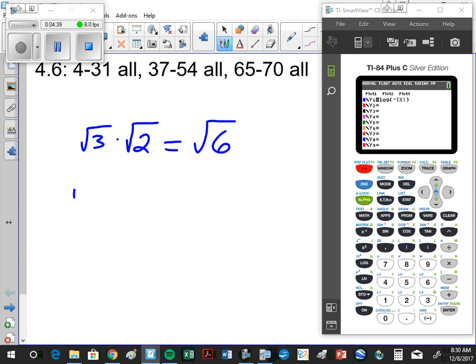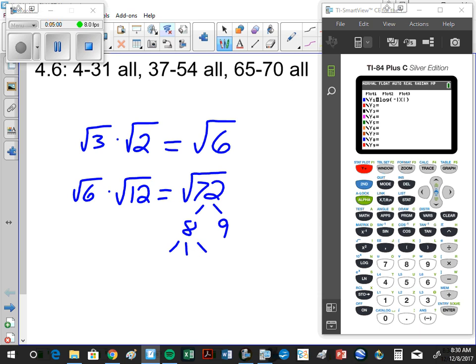If I had the square root of, let's say, 6 times the square root of 12, I'm going to get the square root of 72. But 72 probably simplifies. So I break it down into 8 and 9, 2, 2, and 2, 3 and 3, a set of 2's and a set of 3's. So I get 6 square root of 2. Is everybody okay with that?